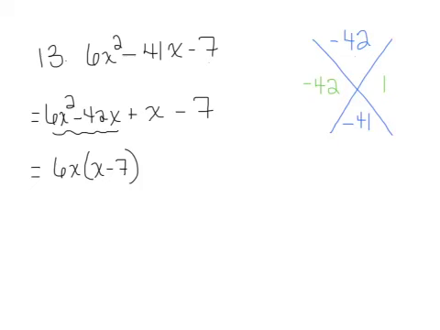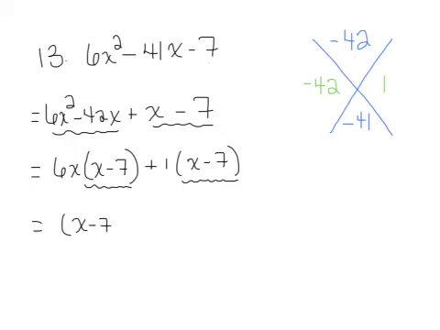Okay, so now I look at the second group, and the only thing that they have in common is a 1. So I'll factor out the 1. And now I'm looking at what the two terms have in common. The two terms have in common a parenthesis that I will factor out, and I'm left with 6x plus 1.